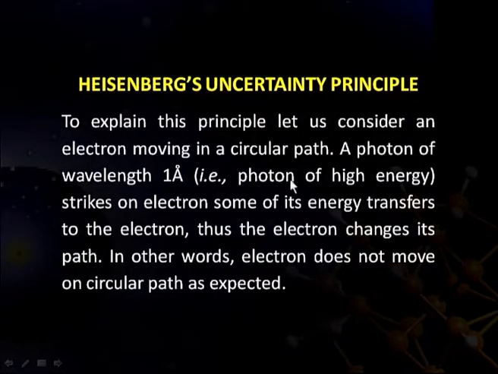vice versa. To explain this principle, let us consider an electron moving in a circular path. A photon of wavelength 1 angstrom, that is photon of high energy, strikes on electron, some of its energy transfers to the electron, thus the electron changes its path.